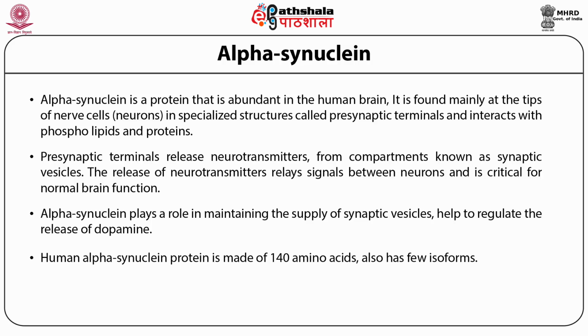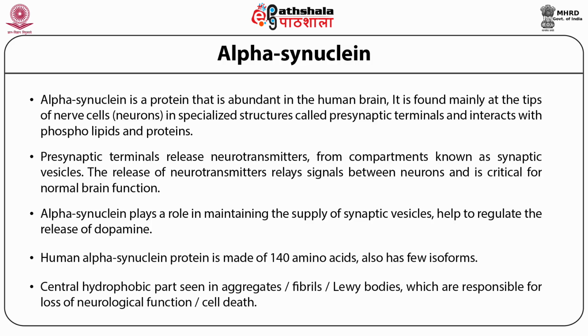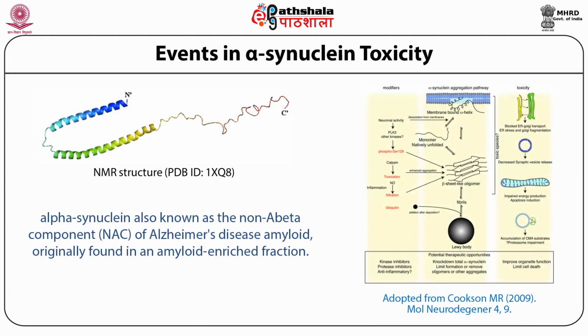Human alpha-synuclein protein is made up of 140 amino acids and also has a few isoforms. The central hydrophobic part is seen in aggregates or fibril formation, which are Lewy bodies, responsible for loss of neurological function and cell death. So again, this forms fibrous structures which are responsible for the loss of neurological function. For the events in alpha synuclein toxicity, the NMR structure is seen.